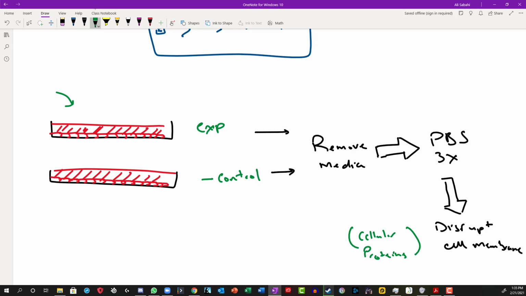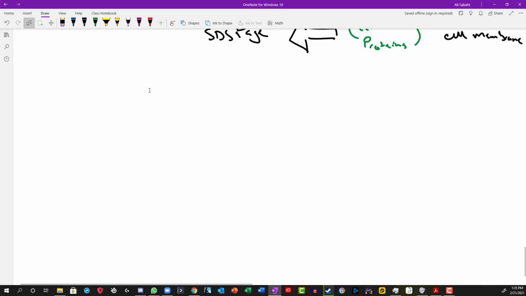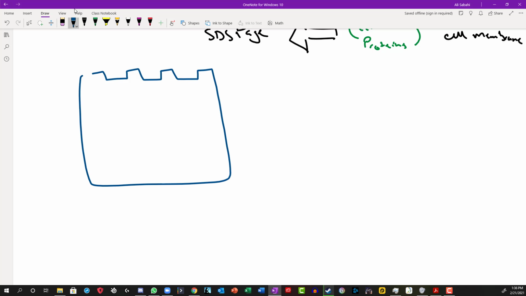And then you take your cellular proteins and you treat them with SDS and you run an SDS page. And then you have, here's my SDS page, and we're just going to have 3 wells. In one well, we have our ladder. In one well, we have our negative control.